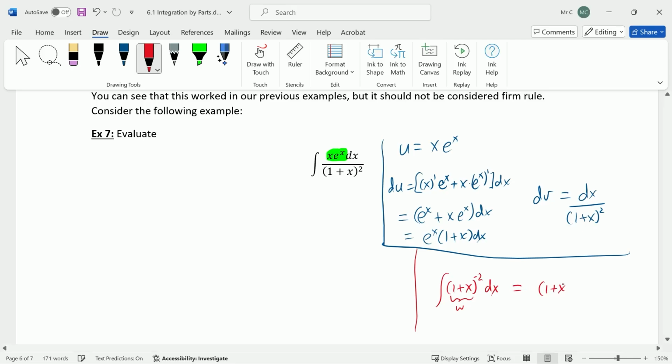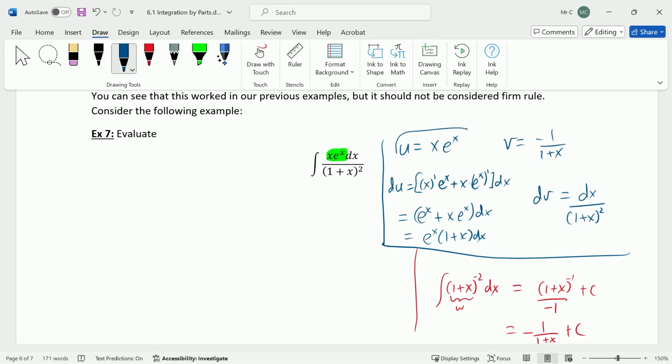I get 1 plus x to the negative first power divided by negative 1. And again, dw is dx, so when I substitute back in, it doesn't change anything. There's a plus c. And altogether, I'm dividing by a negative, so the whole thing is negative 1 over 1 plus x plus c. So we'll put that up here. V is negative 1 over 1 plus x.